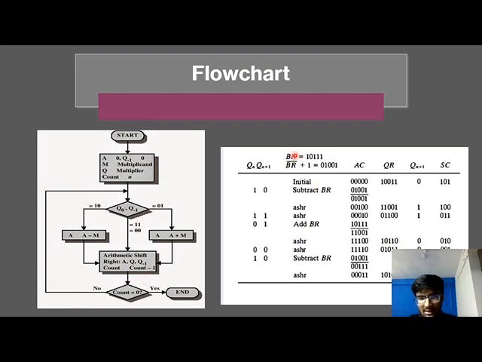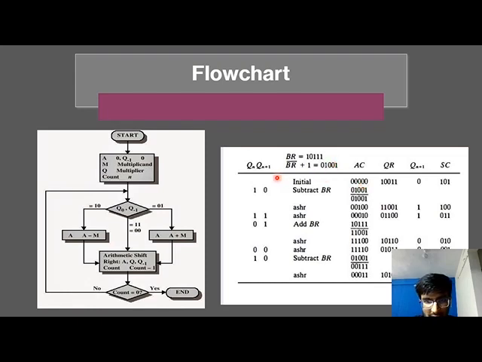So let us take an example: minus 9 and minus 13. In BR, for minus 9, we convert 9 into a binary number and then take the 2's complement of 9. That is the binary number of minus 9, which is BR: 0 1 0 0 1.